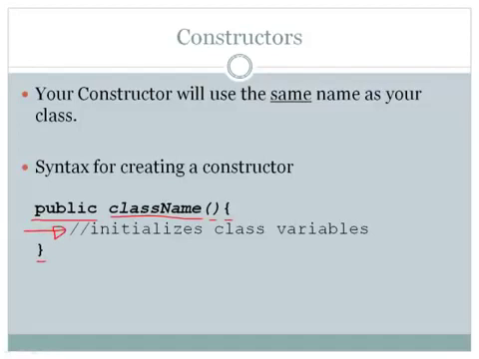Inside will be where you want to initialize all of the class variables. So you should initialize any numeric variables to 0 or any string variables to "" or nothing. If there is something else that you want to set as the initial values, then this is where you would set them.